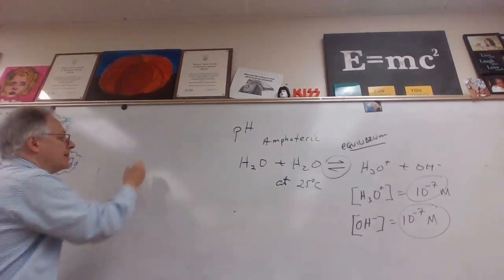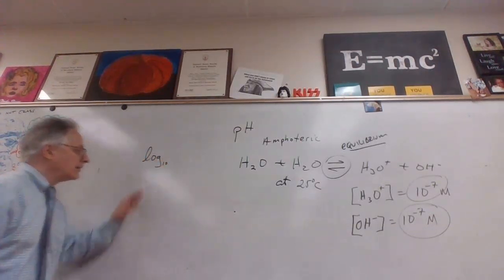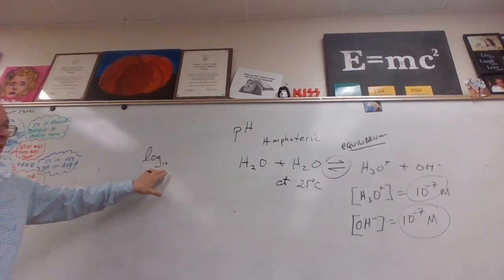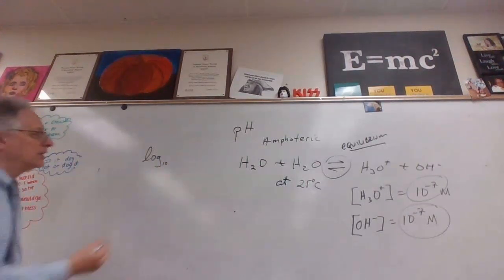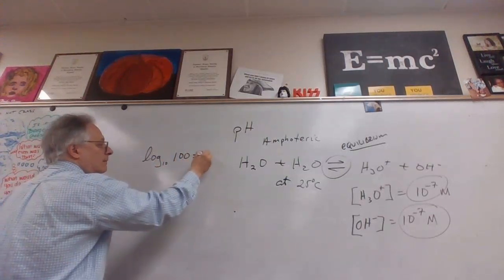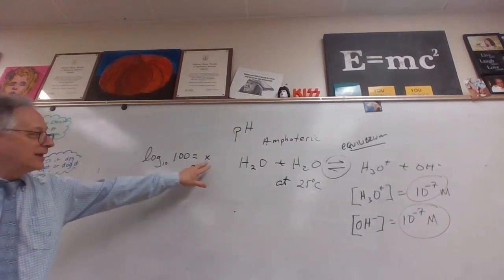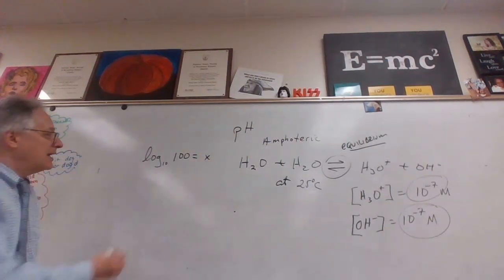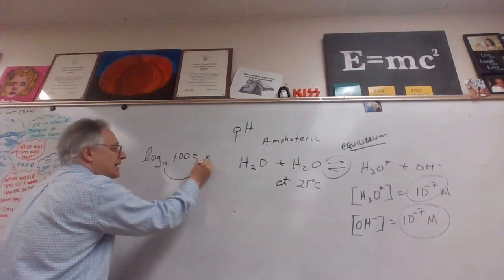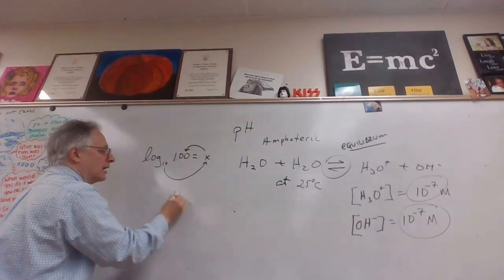So let's say I want to have the log base 10 of some number, like 100. Okay? What this means is, if I want to get that value x, I take 10, raise it to the x, and that gives me 100.